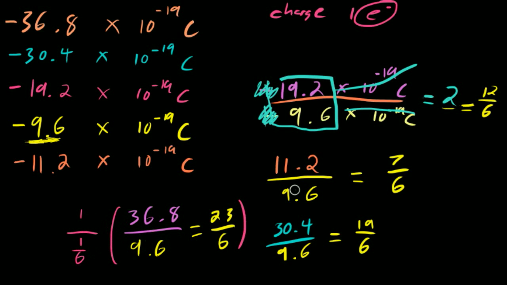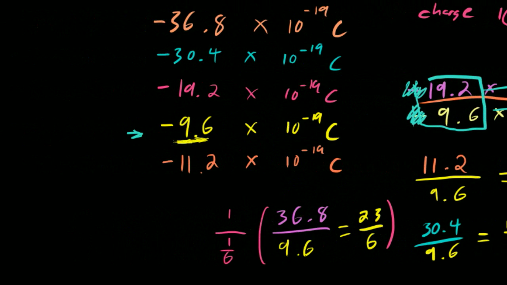So let's just take this example where we had 36.8, the charge of the largest magnitude. So we said 36.8 over 9.6 divided by 6. Let's go ahead and figure out what that would be, which is the same thing as multiplying this whole expression times 6, right?